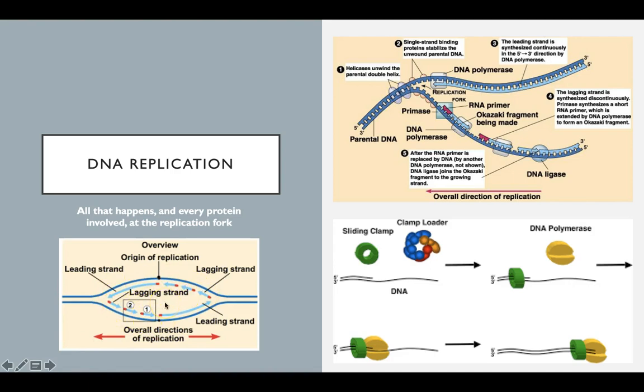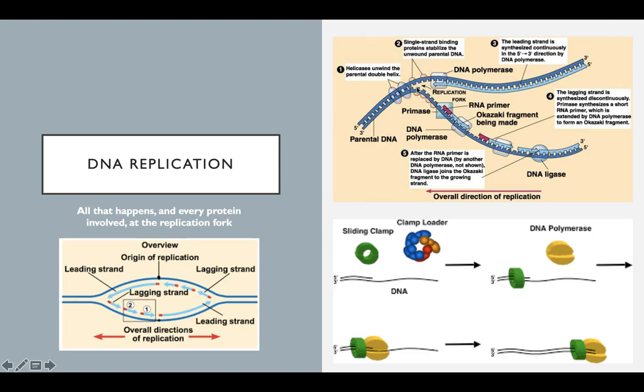The site of active DNA replication is at the replication fork, a Y-shaped junction where the double-stranded DNA is separated and the new DNA strands are made using the old template strands. If you see right here, this is the replication fork, and it's seen again in this image over here.